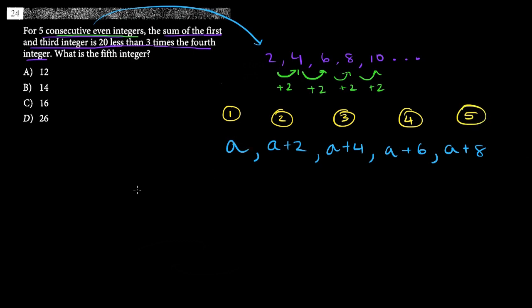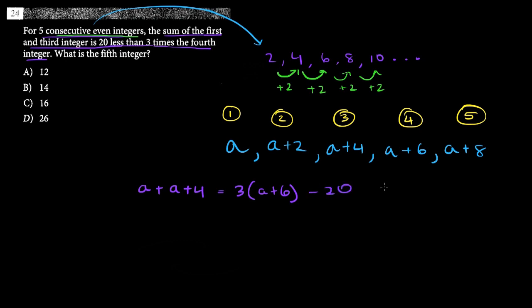The sum of the first and third is a plus a plus 4. That is the first section of the question. Then they say it is 20 less than 3 times the fourth integer. So 3 times the fourth integer is 3 times a plus 6, and 20 less than that, so minus 20.